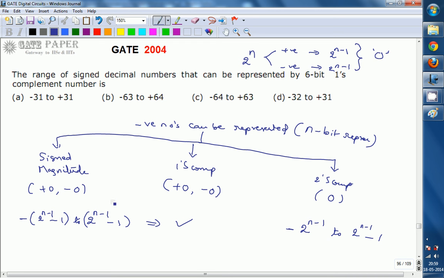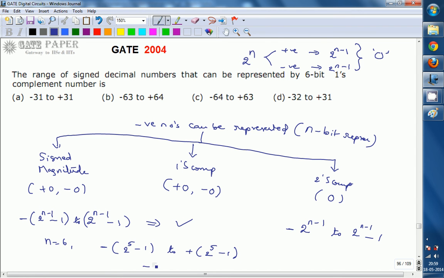The question asks about the 1's complement range when n is equal to 6. When n is equal to 6, the range is minus of 2 power n minus 1, which is 6 minus 1 is 5, minus 1, to plus 2 power 5, minus 1. So 2 power 5 is 32, minus 1 is 31.